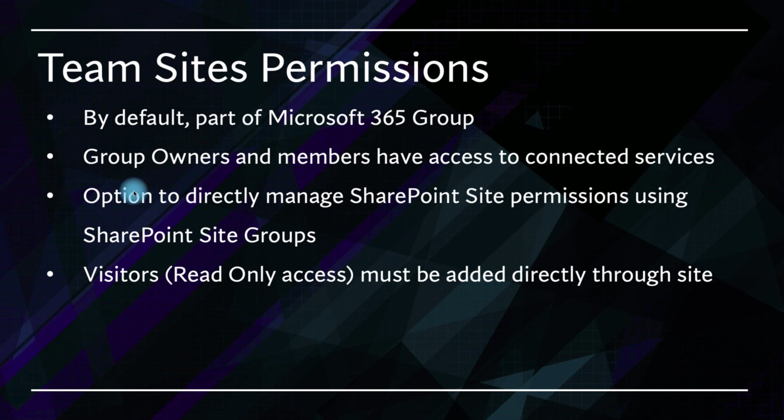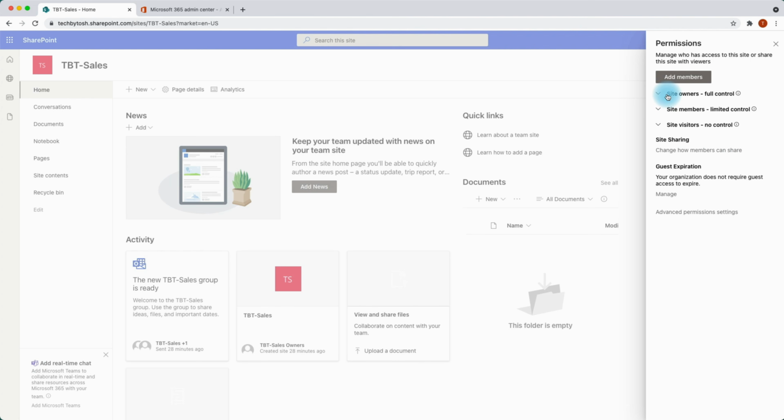Group owners and members of that 365 group have access to all those connected services which we just talked about. In addition to that, you do have an option to directly manage SharePoint site permissions using SharePoint site groups. What it means is, although it created a Microsoft 365 group, you can add individual users or groups within the SharePoint site groups.